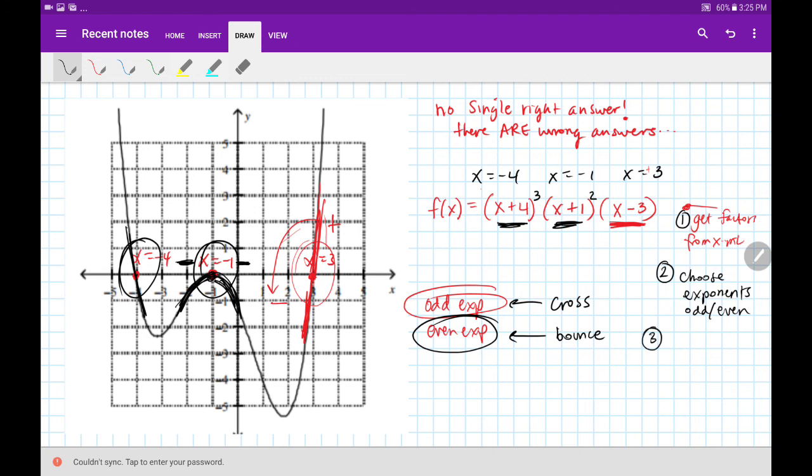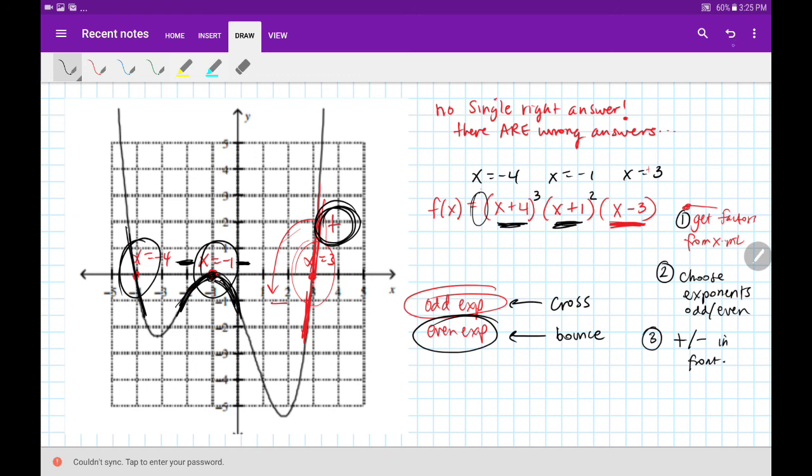Our final step is to make sure that we're positive or negative in front. So here's what I mean. Remember how we always determine our very first sign over on the right side based on the sign out in front? Well, we need to make sure that those signs really match. If on the very right side I am below the axis, then there should be a minus sign out in front.